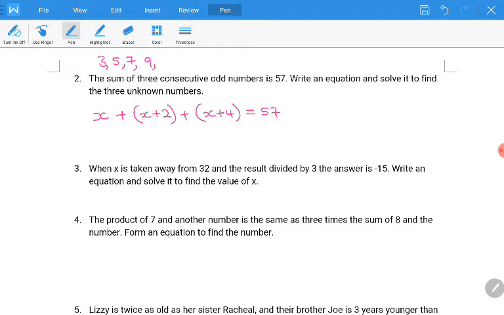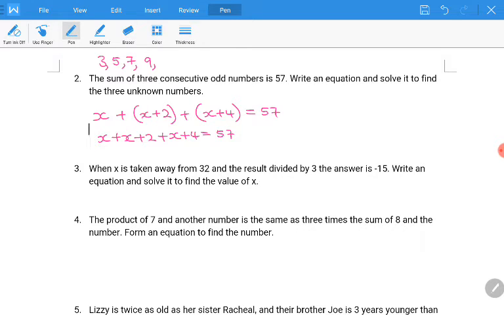So if we solve here, we are going to remove the brackets, so it's x plus 2 plus x plus 4 is equal to 57.